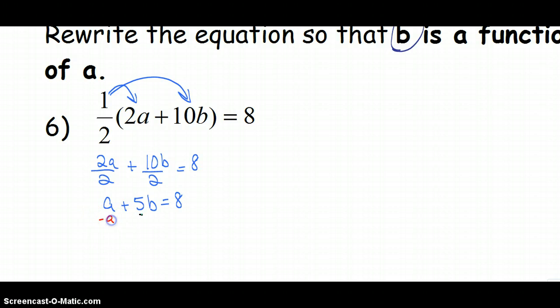Going to subtract a from both sides. So now I have 5b is equal to 8 minus a. Going to divide both sides by 5.